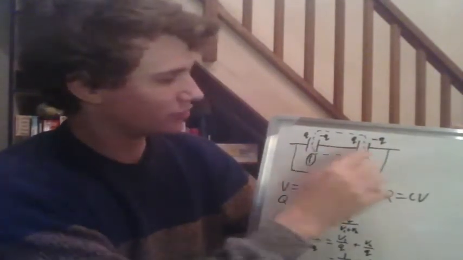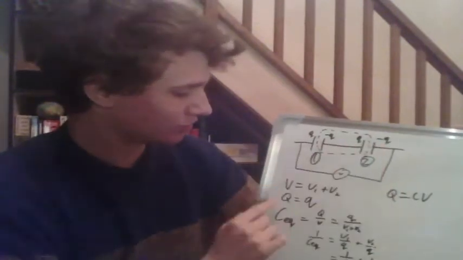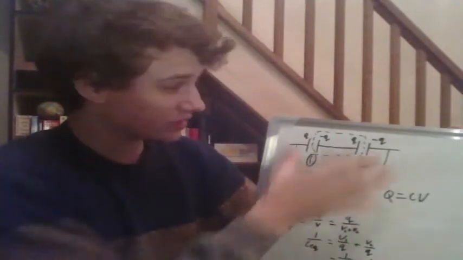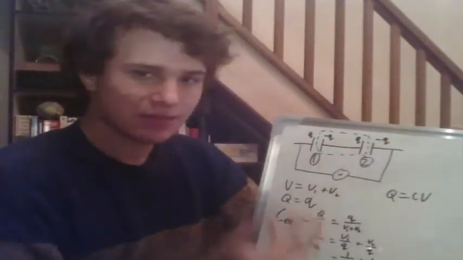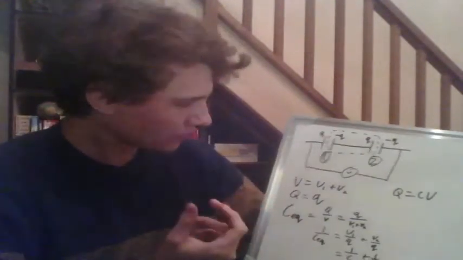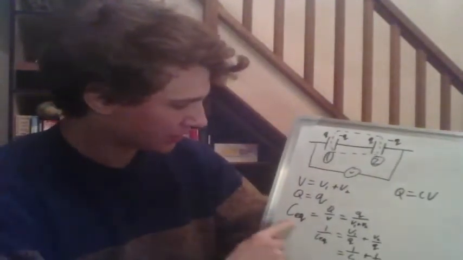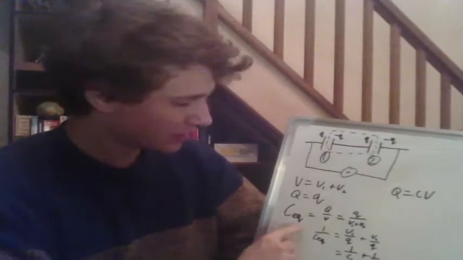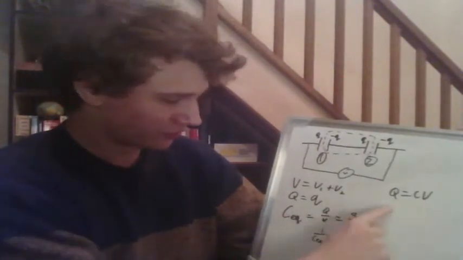So our effective charge stored is just Q for this entire equivalent thing, which is the same as the charge stored on this one and on this one. So then we can just say that the equivalent capacitance is just Q over V. That's just from our definition.